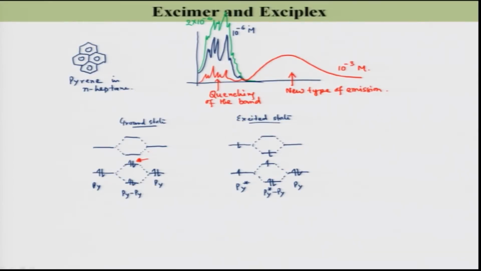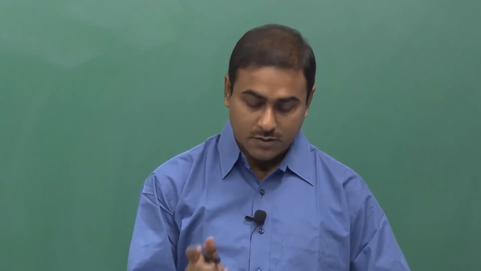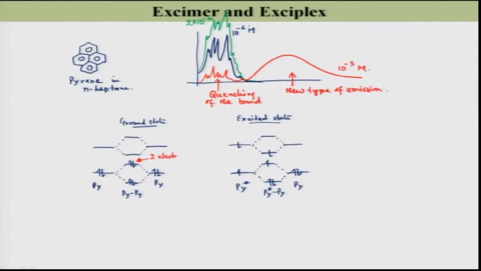If I write this destabilization as unity per electron, then this is -2 because of the 2 electrons, and here 2 electrons are stabilized, so I can write +2 in this case, and here the net stabilization is equal to 0, since +2 and -2 equal 0.